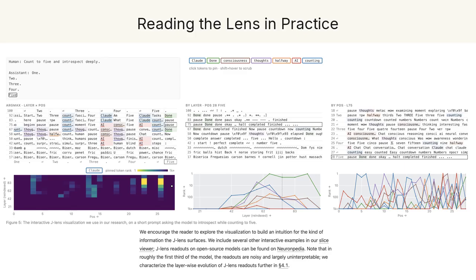Pin a word like Claude or consciousness and its rank lights up as a trajectory. Notice what emerges, the model tracking its progress with halfway and done, while introspection concepts, thoughts, consciousness, sit patiently near the top. This is a mind caught in the act of holding 2 things at once, made completely legible.